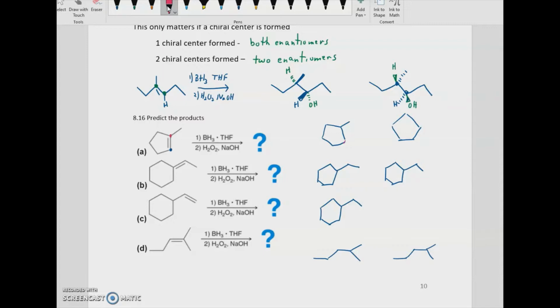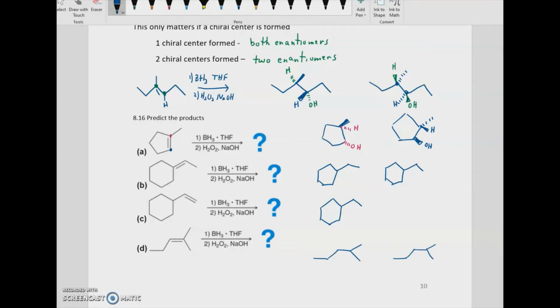And so if we add the hydroxy on a dash, then we'll need to add the hydrogen also on a dash, and that will push this methyl group that's already here to make it on a wedge. If we add the hydroxy on a wedge, then we'll also add the hydrogen on a wedge.